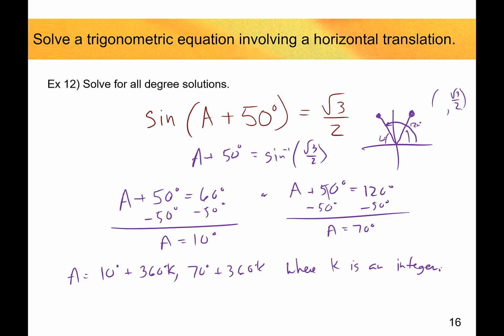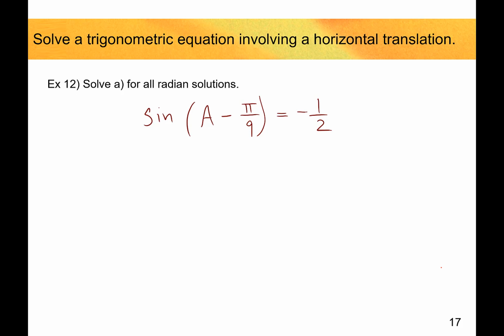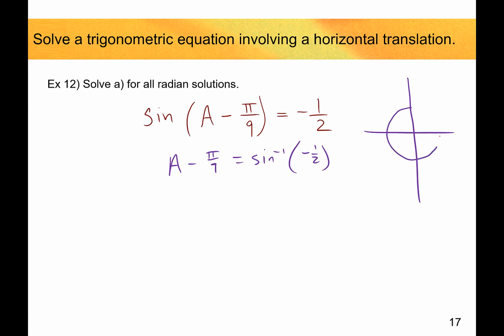And one last one. Find all the radian solutions here. Very similar setup. Look at number 11 to do number 12. So we're going to set this up as A minus pi over 9 is equal to sine inverse of negative 1/2. So you're looking for, when does sine give you a negative 1/2 on the unit circle?